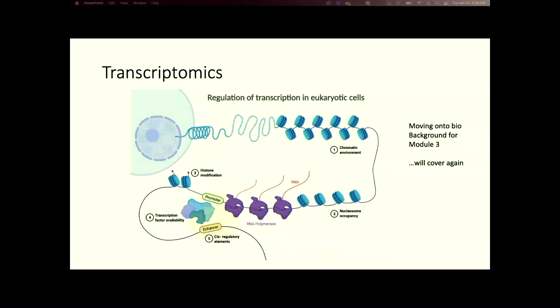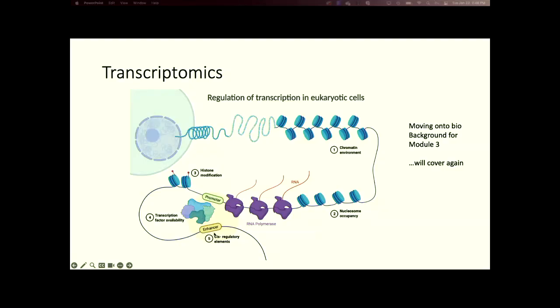If you recall, in an earlier slide, I mentioned how DNA is bunched into these chromatin structures. And what happens is DNA unwinds, and then we have these transcription factors and cis-regulatory elements in the genome that transcription factors bind to. This is sequences of genetic information in our substring of the genome that these transcription factors bind to.